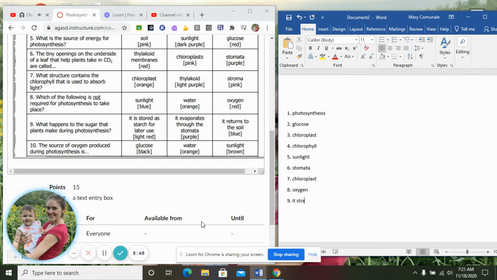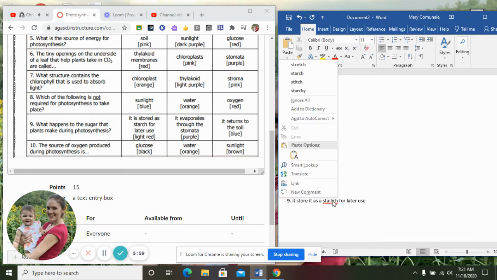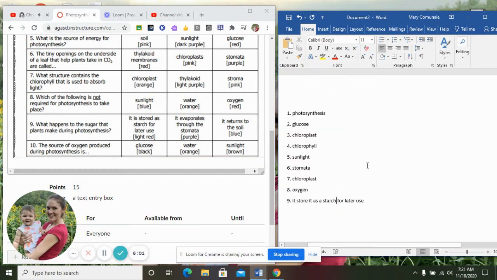It is going to store it. I'll say starch for later use. I said earlier that it's a carbohydrate, and starches are carbohydrates.